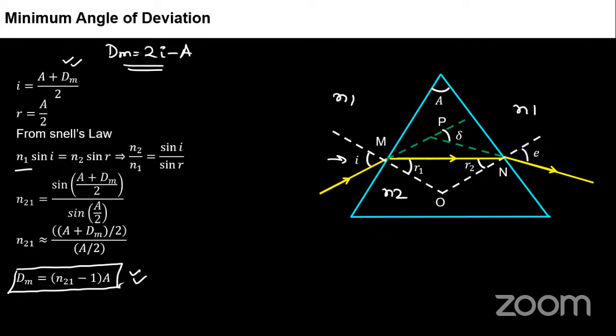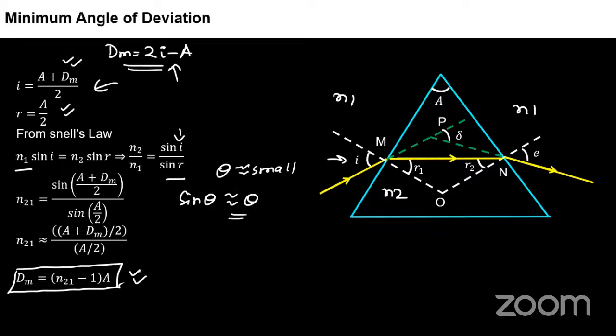I'll apply the Snell's law. I put here the i value, which I know from this. I'll modify it and put r as A by 2. When you use some approximations, you'll get the angle of deviation, because we know sine theta, when theta is very, very small, is approximately equal to theta.